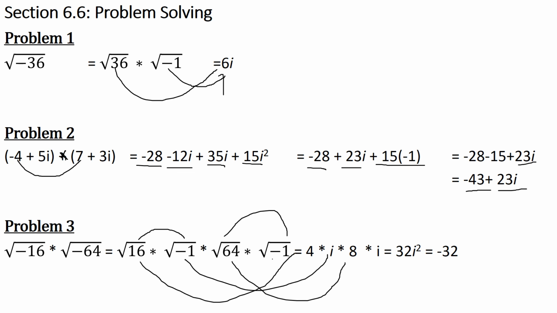And here's another I. So 4 times 8 is 32. And then I times I is I squared. And I squared, as I said before, is square root of negative 1 times square root of negative 1, or just negative 1. So 32 times I squared, 32 times negative 1 is just negative 32.